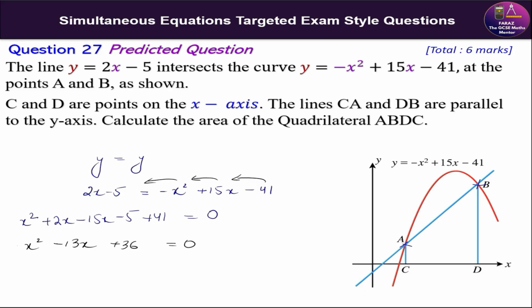If you factorize this, you will get (x minus 4)(x minus 9) equals 0. Minus 4 times minus 9 is plus 36 and minus 4 minus 9 is minus 13. After factorizing, we find x equals 4 and x equals 9.